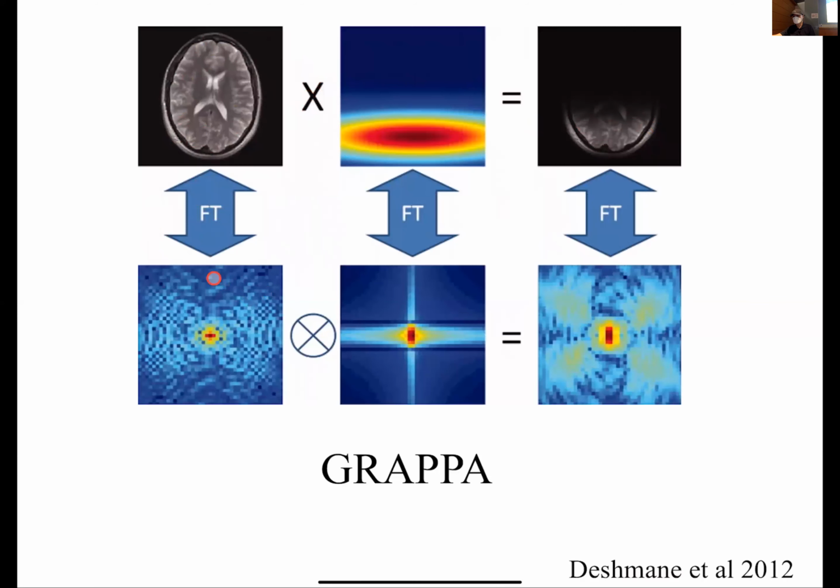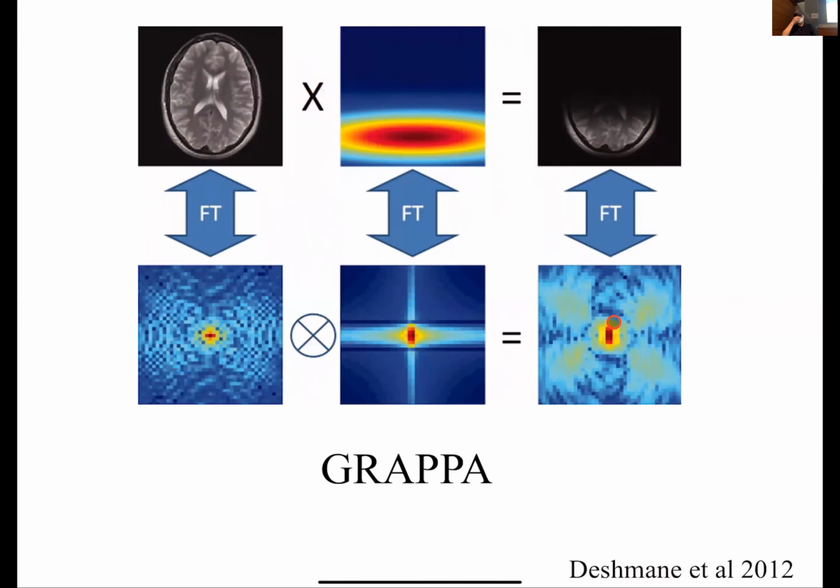If I take the Fourier transform, it looks like this, and this means I'm convolving with the Fourier transform of my coil sensitivity pattern. So this is now convolution. I take my actual Fourier transform, convolve it with this, and end up with a smooth version of my Fourier transform.